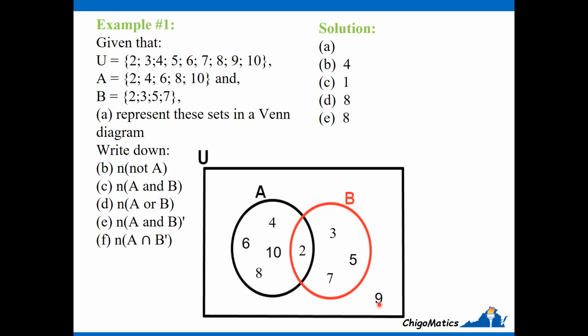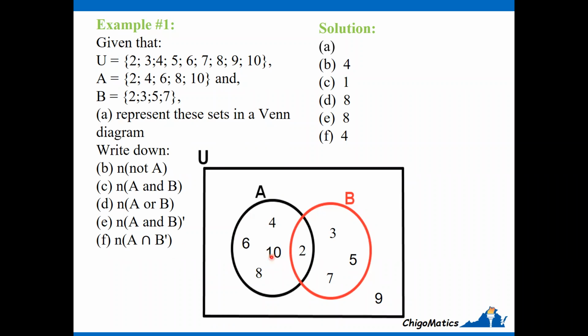But we want those elements that are not in B and are in A. And you see that the 4, 6, 10, and 8 are those elements that are not in B, but are in A. Then the 9, we are not going to consider it. So it's 1, 2, 3, 4.